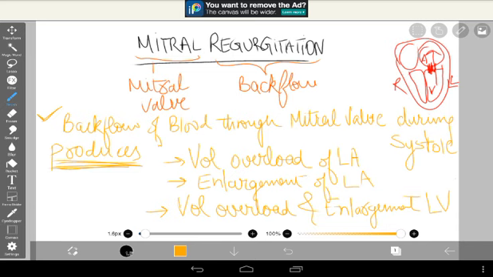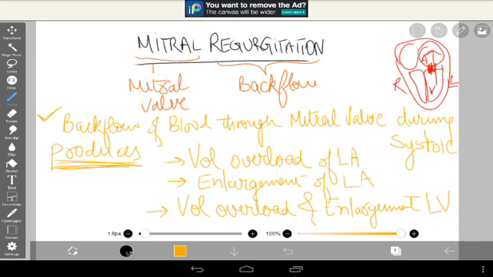That is mitral regurgitation. Due to this, as the blood goes back from the ventricle to the atrium, more volume of blood comes into the left atrium.